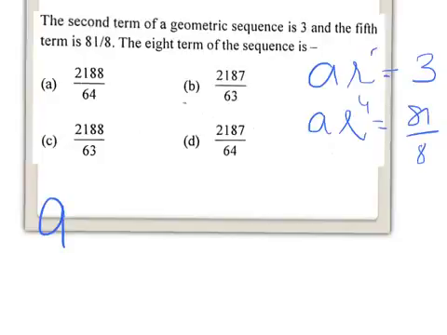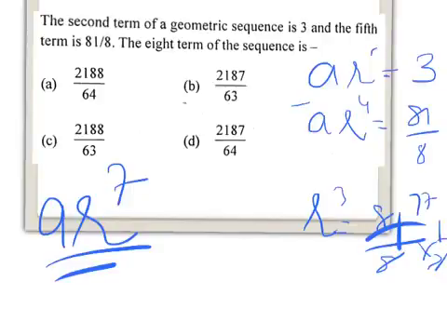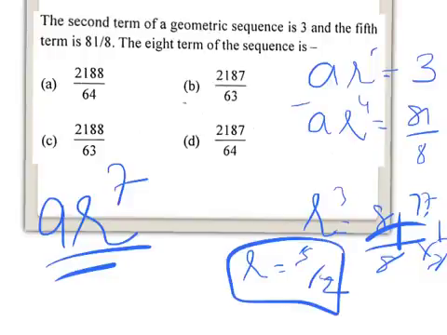Question is find the 8th term, a r to the power 7. R cube is 81 by 8 into 1 by 3, so 27 by 8. So r कितना आ गया? 3 by 2. r आ गया, a आ जाएगा, सामने डालो.